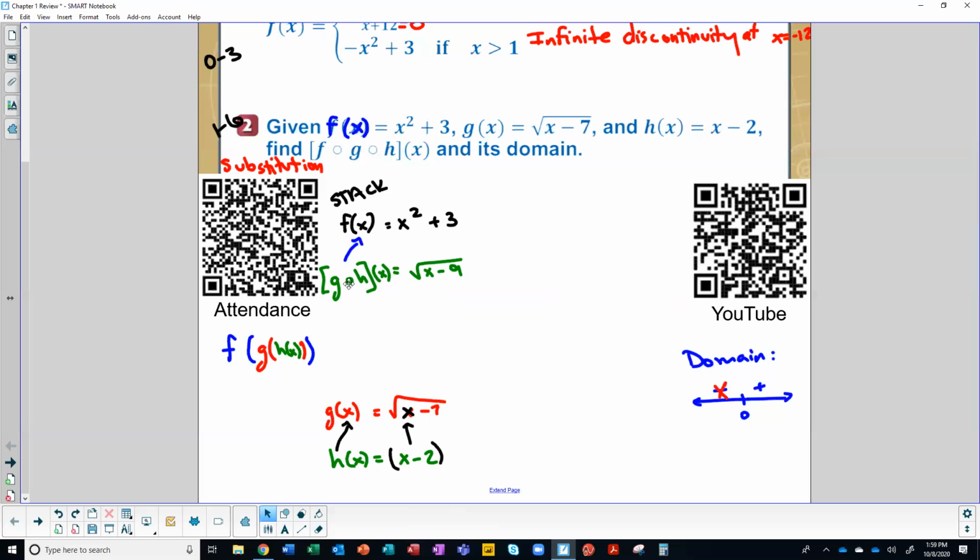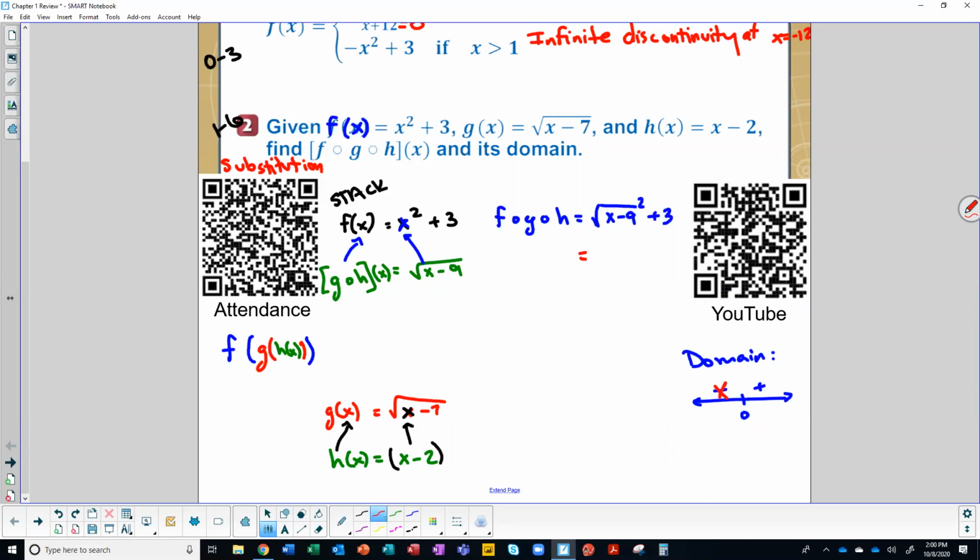Okay, so now I'm going to take this result and substitute this into x. So this goes in right there. So that means f of g of h would be the square root of, excuse me, square root of x minus 9, that's going in right there, squared plus 3. I have a square root and a square. What happens to those two? Cancel out.